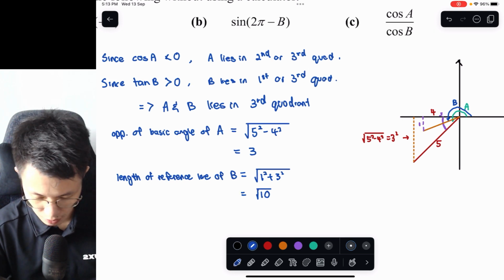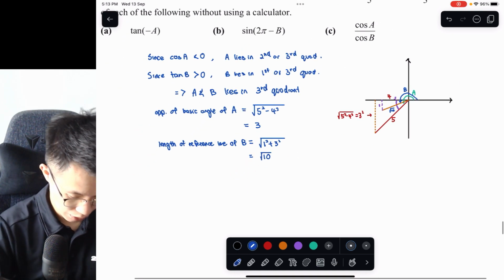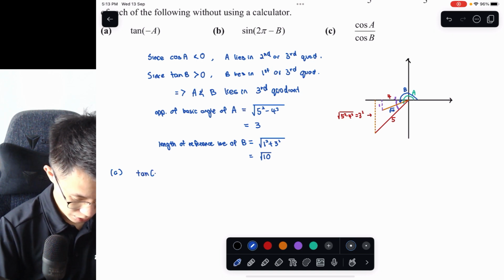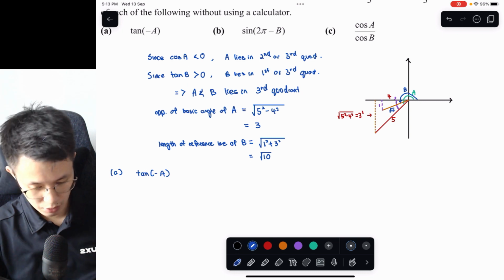Okay, so we know that this orange length here is square root 10. So with these angles, we can actually figure out all our questions now, which is simply, firstly, we have tangent negative A.